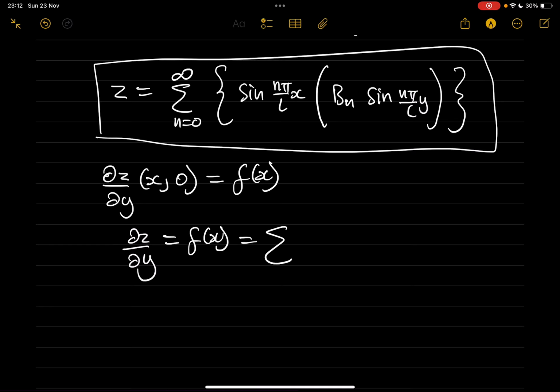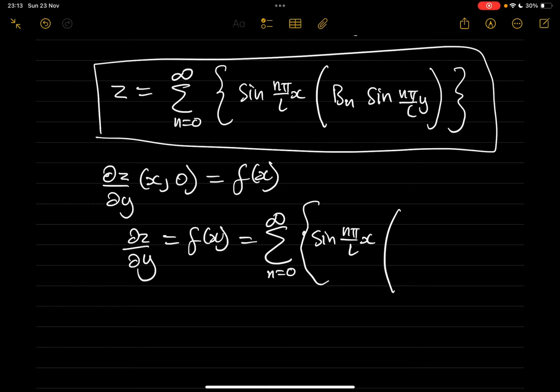When you're differentiating this with respect to y, sine n pi over l x is just going to be a constant because we're differentiating with respect to y. Let me use the curly bracket here.